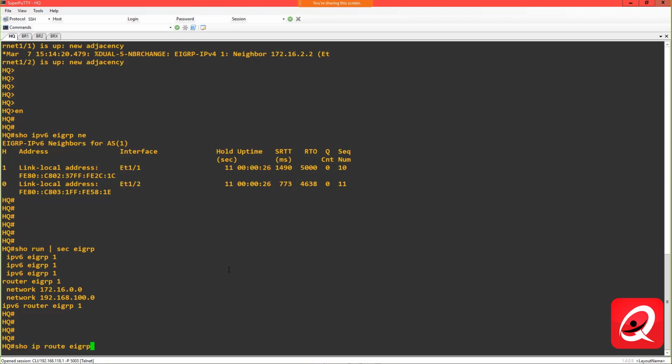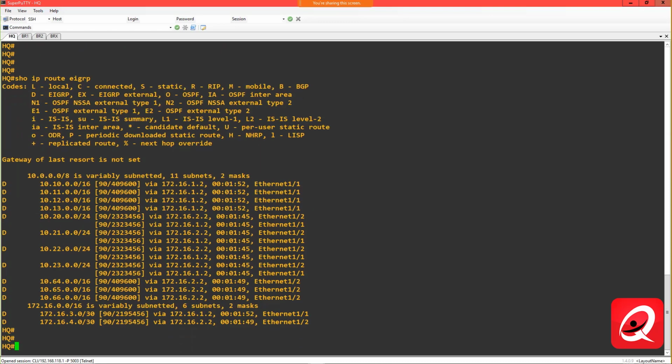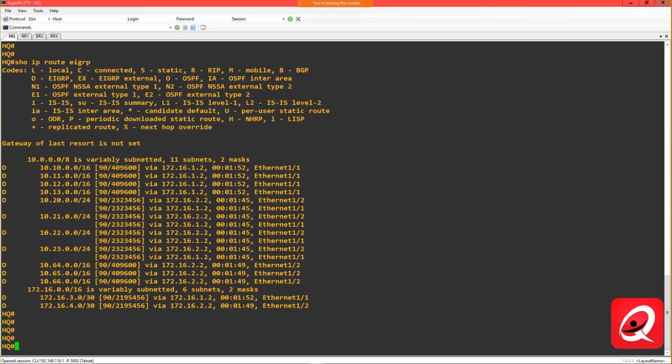But if I do a show IP route EIGRP, we can see that the routing table is pretty significant with regard to size. For a small topology, we've got all these remote networks that we're learning through EIGRP. And obviously the goal here is to identify how we can reduce the size of this routing table.